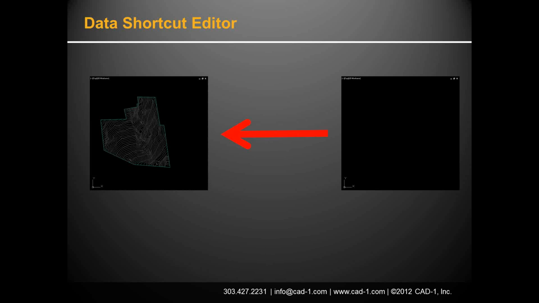So here's kind of the process that happens when data shortcuts come into play. I go open up the drawing that has the data referenced into it. It's going to say, hey, I've got a data reference in here. Let me go ahead and go out and look for the drawing that has the source. Ah, there it is. So let me go ahead and bring that data into the drawing and display it.